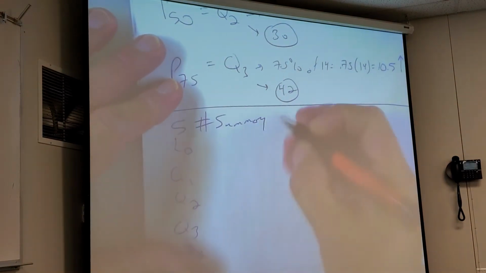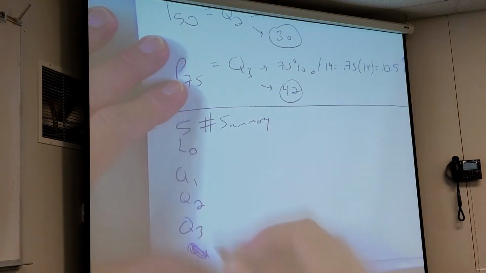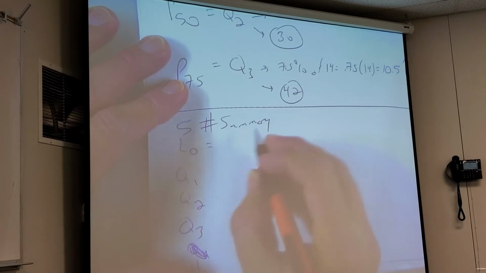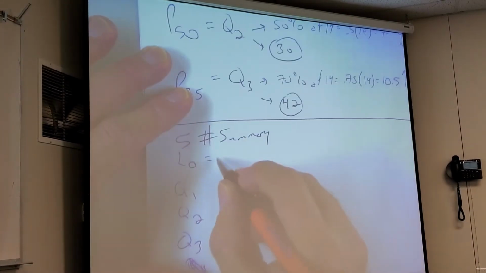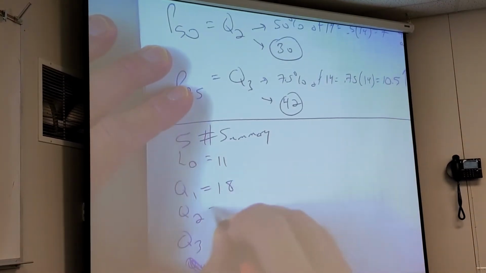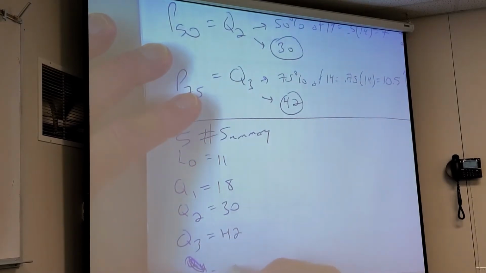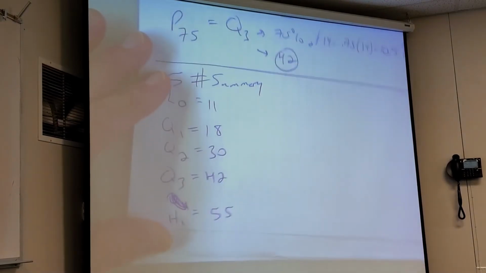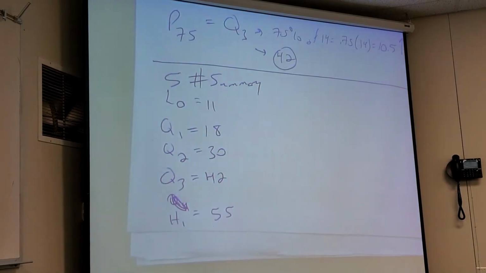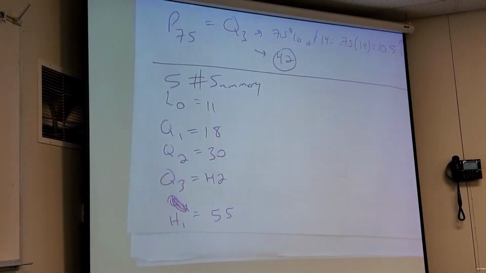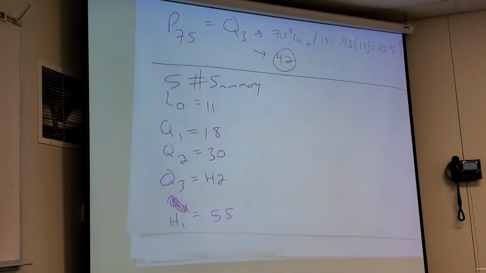So when I say find the 5-number summary, this is what I mean. What's the lowest data point? 11. Q1 was 18, 30, 42, and then the highest one was 55. Okay.